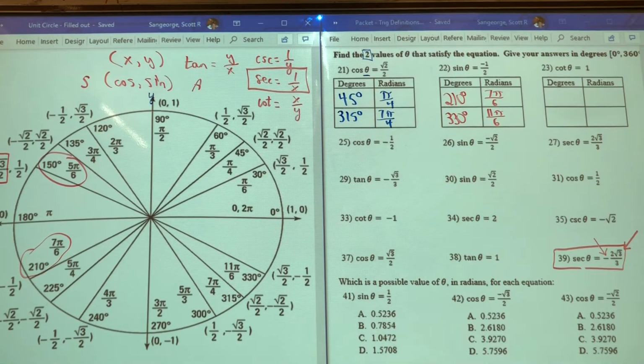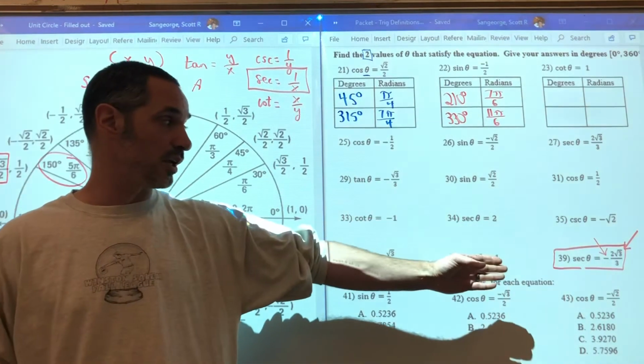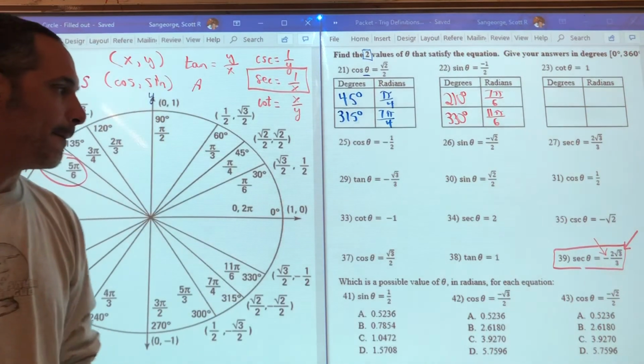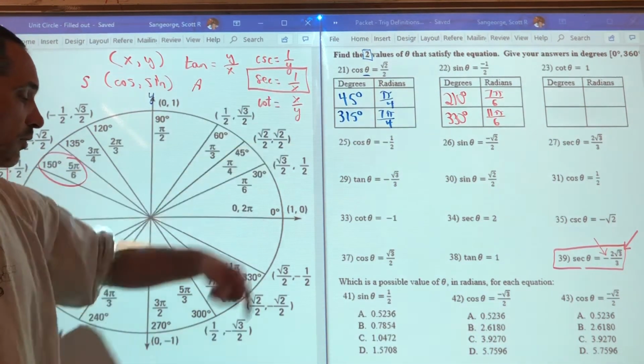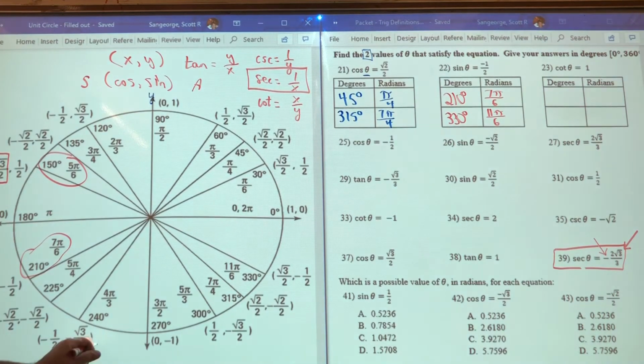We have to do some math to verify that this is the value we're looking for, because negative square root of 3 over 2 is not the same as negative 2 root 3 over 3. But the secant is 1 over x. So the secant is 1 over x, negative square root of 3 over 2. Well, this fraction bar is the same as division. So we're going to rewrite it as division.